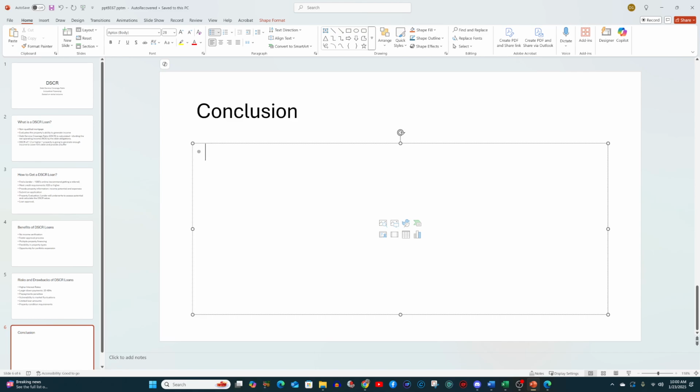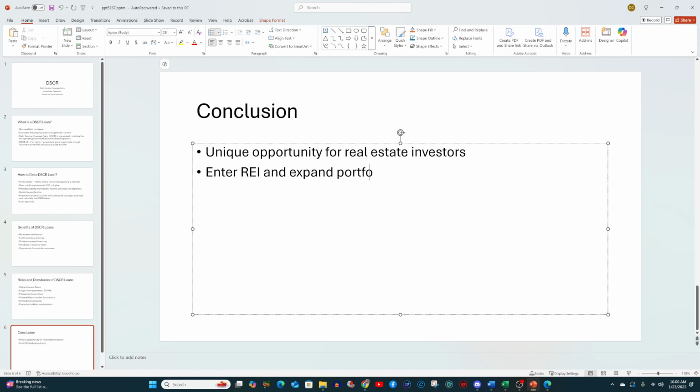Oh, I should have been typing while I said that. But let's see: unique opportunity for real estate investors to enter REI and expand portfolio. There's no income qualification, there's a low entry threshold.